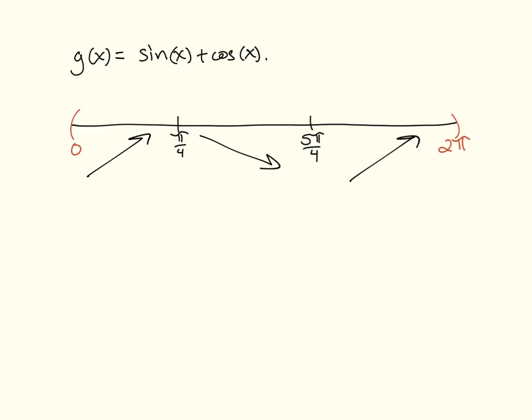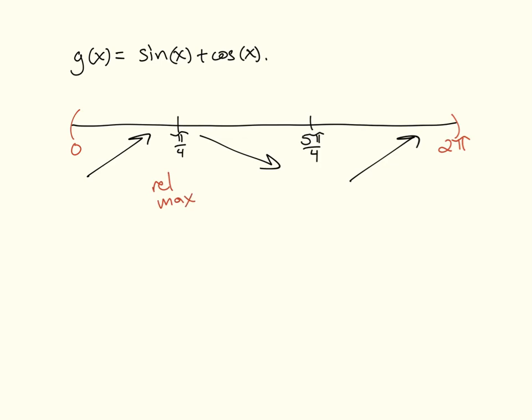For this last page, we need to discuss where the relative mins and the relative maxes occur. The first derivative test states that if a function stops increasing and starts decreasing at a point, then there is a relative maximum at that x value.